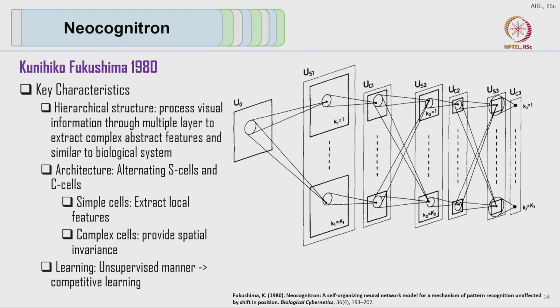It closely resonates with our visual cortex representation. They have alternating S cells and C cells. S means simple cells, C means complex cells. With the alternating simple cells and complex cells, they are able to extract abstract features from the data. The learning used here is unsupervised, right? It's more like a competitive, winner-takes-all kind of approach, right? Competitive learning.